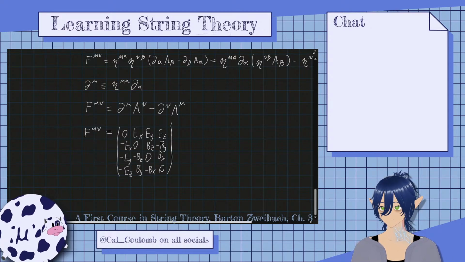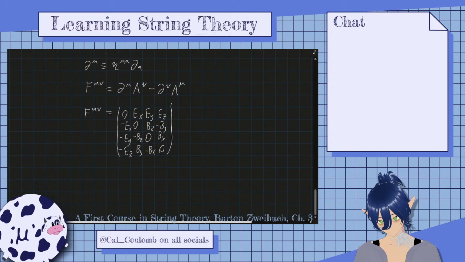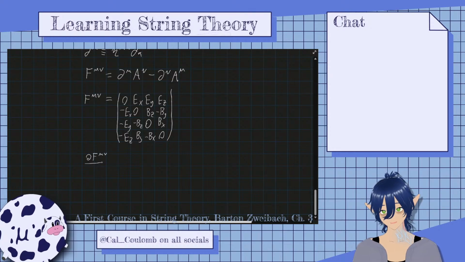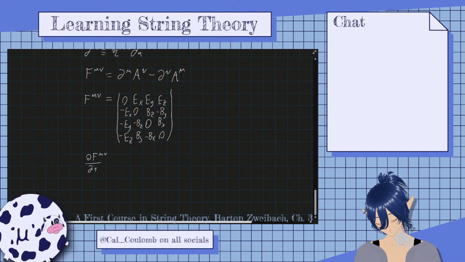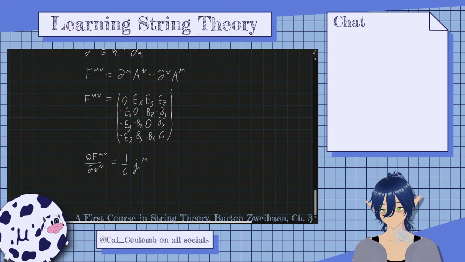Using this equation and the current vector, 3.28, we can encapsulate Maxwell's equations 3.3 and 3.4 as ∂F^μν over ∂x^ν is equal to (1/c) J^μ.